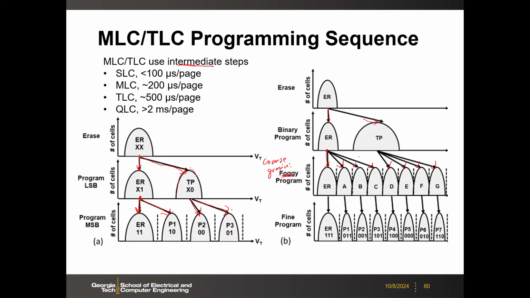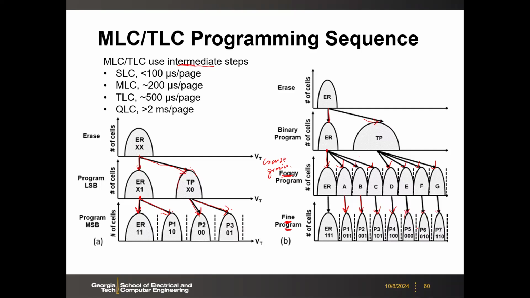You just make a rough distribution without too many verify cycles, just get the initial distribution. After that, you do fine programming with a smaller incremental step, and then the fine tuning.